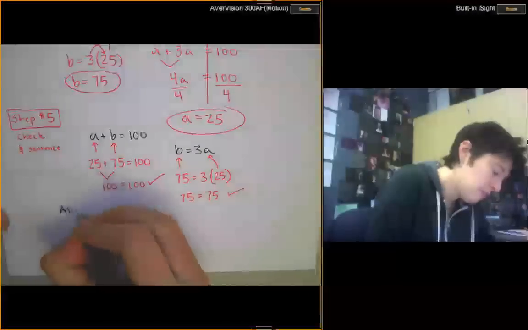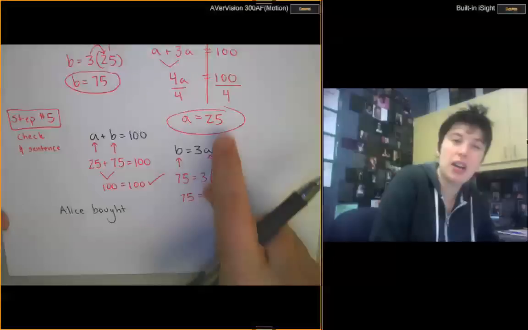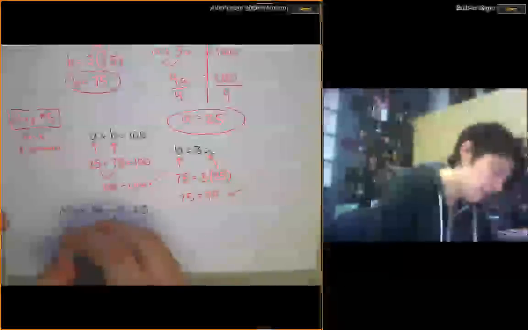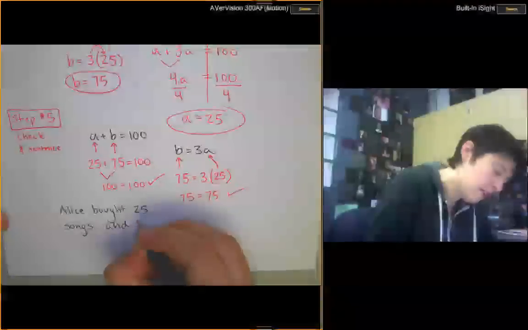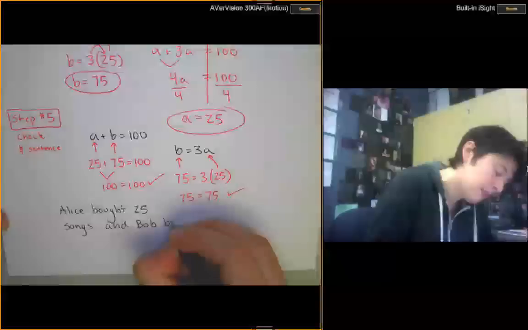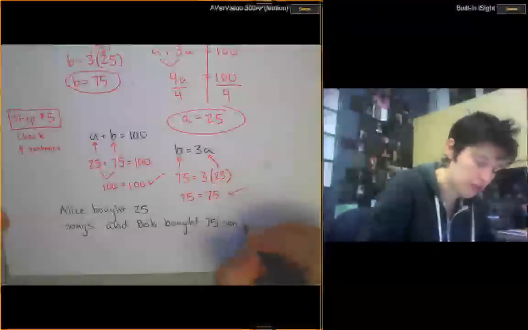Alice was A, she bought 25 songs. Alice bought 25 songs, and Bob bought, B equals 75. Bob bought 75 songs.